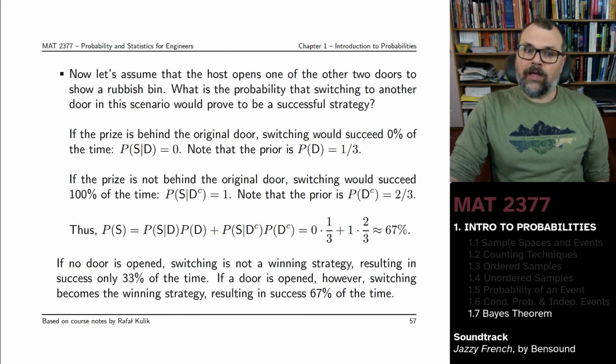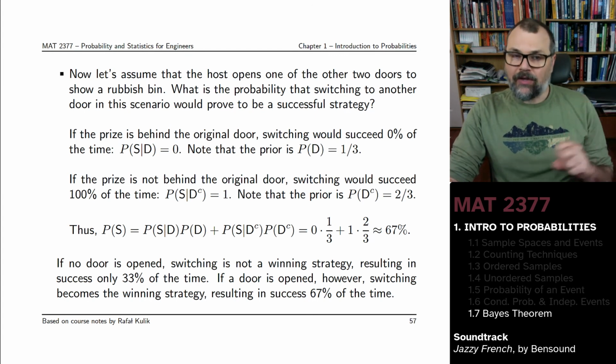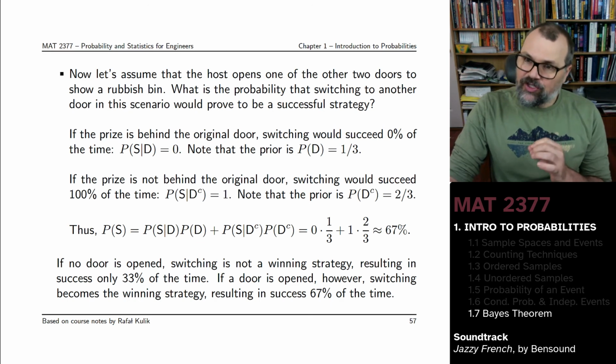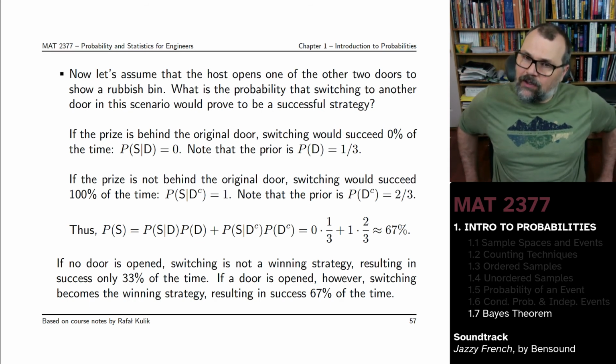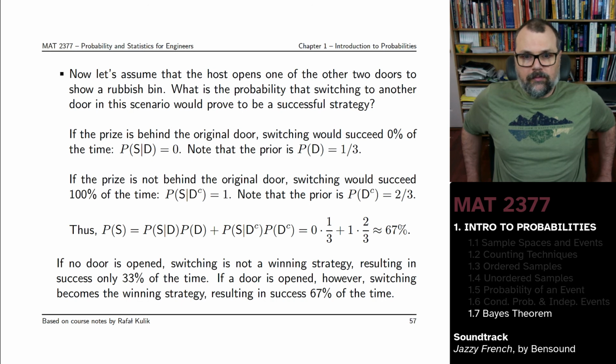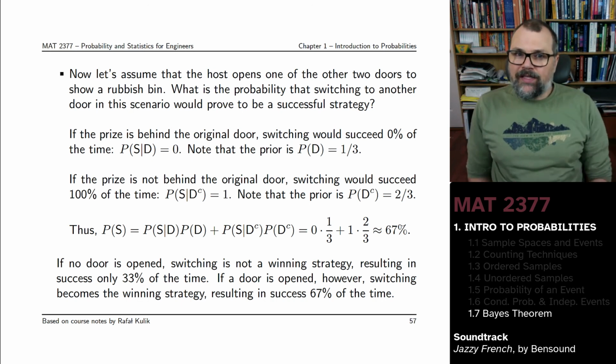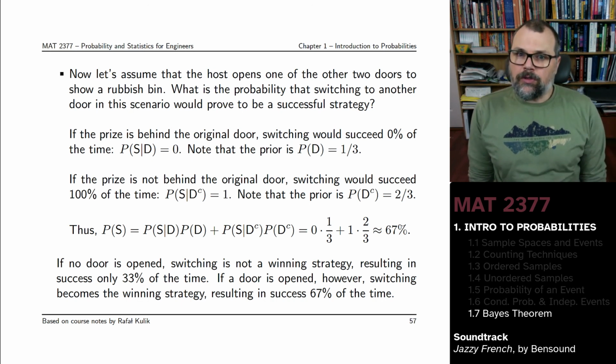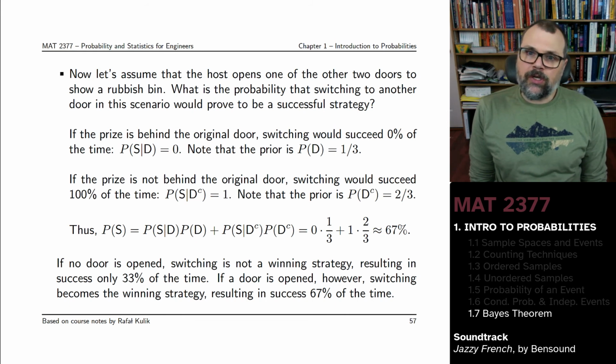Now we're going to look at the case where the host actually opens one of the other two doors. So something has changed here. Even though at first glance it looks like nothing is really changing, you now have more information at your disposal. If the prize is behind the original door, switching would still succeed 0% of the time.